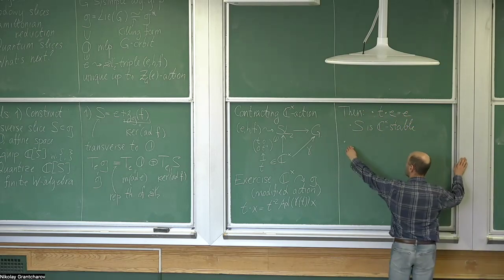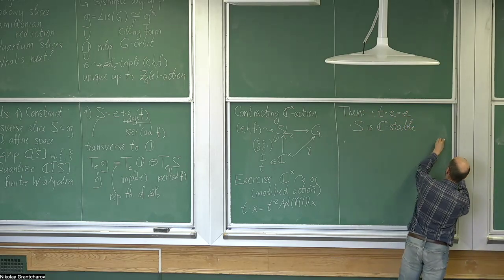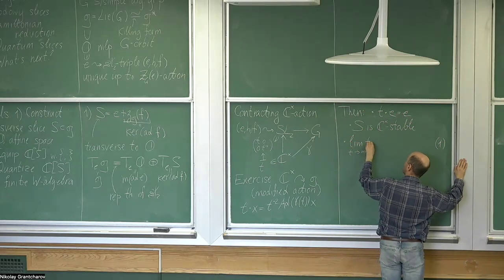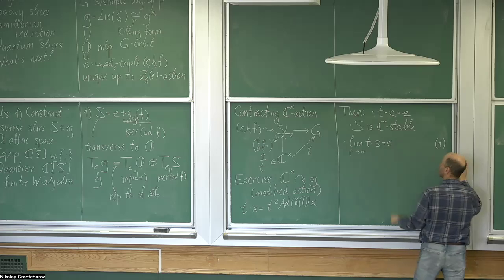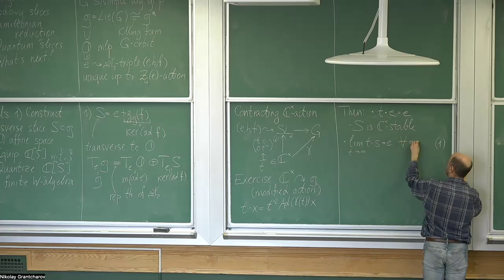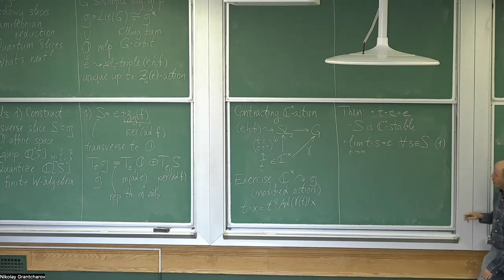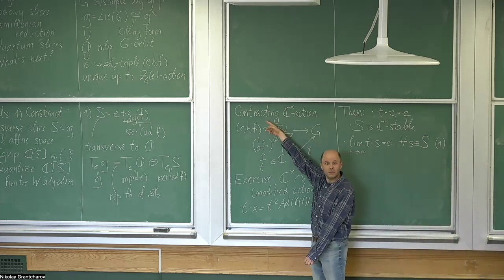Let me give it a number, 1. So it claims that the limit as t goes to infinity of t applied to s is equal to e for every s in S. Okay, that's why this action is called contracting.